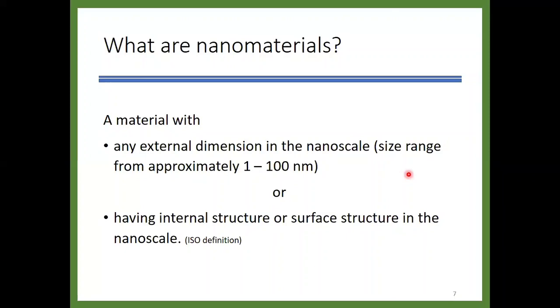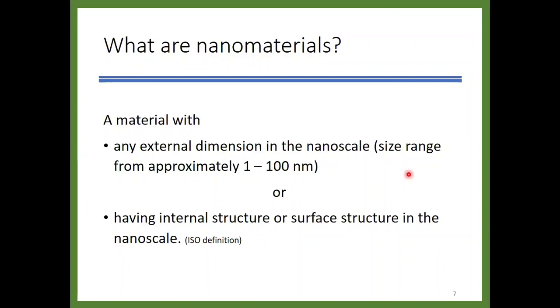Nanoscale we defined earlier. What is nanoscale? That is the size range from approximately 1 to 100 nanometers. So this is one type of nanomaterial. And the second type is that the material may be bigger, maybe millimeter or micrometer in size, but having internal structure or surface structure again in the nanoscale.